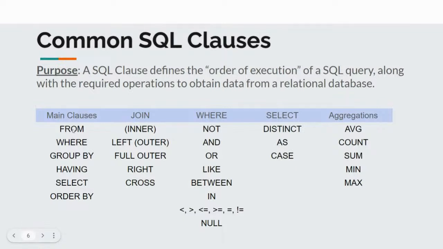From is the first thing that it does. It always looks for the table, and then it does the select, and then it does where after that, and then group by. So you're selecting the table, then you're telling it to select the columns, and then you do where, which limits the number of rows, and then you apply your functions to it, like sum.